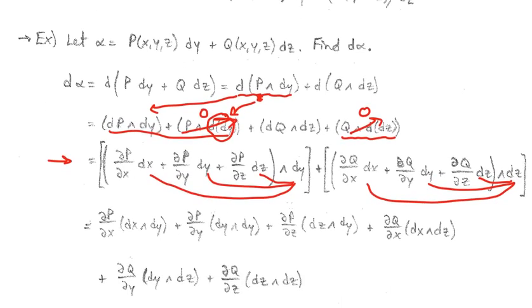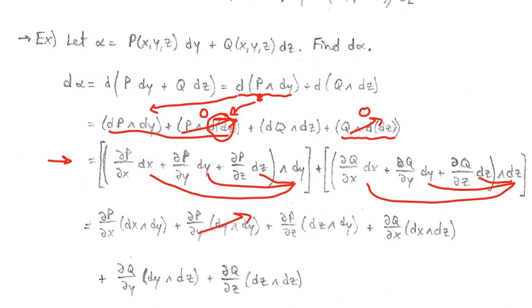This gets us down to this line here. We have the dx times the dy, dy times dy, dz times dy, so on and so forth. Now, we know that if we take the wedge product of any one of our differential forms with itself, dx times dx, dy times dy, or dz times dz, it's always going to give us 0.